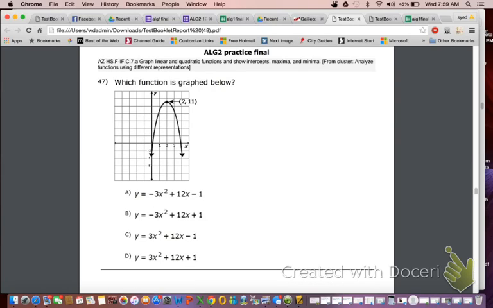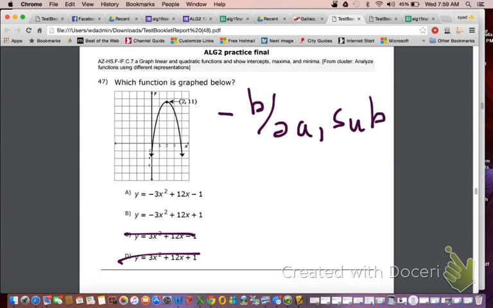Okay, now for this one, in quadratic standard form, the formula for finding the vertex is this: opposite b over 2a, and then you substitute that value to find y. Now it's going down, so it can't be C or D. Okay, now let's try B. Opposite b is going to be 12, and 2a is -6, so it's 2.